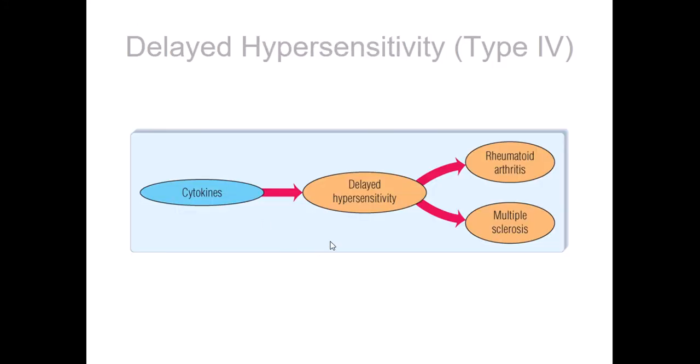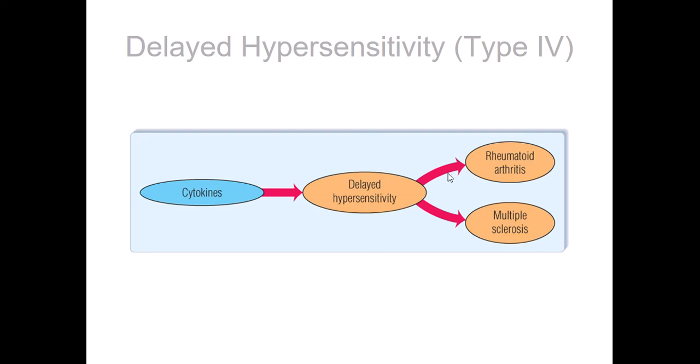So in the delayed type hypersensitivity reactions, the common background in those types of diseases is the production of cytokines. You should know what these cytokines are and their functions. The two most important classical examples of delayed type hypersensitivity reactions, besides of course tuberculosis, are rheumatoid arthritis and multiple sclerosis.